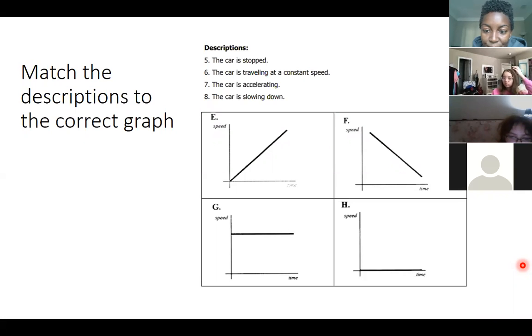Okay. Good. Looking good on number 5. All right. What about 6? Jalen, yes. Let's see, 6.